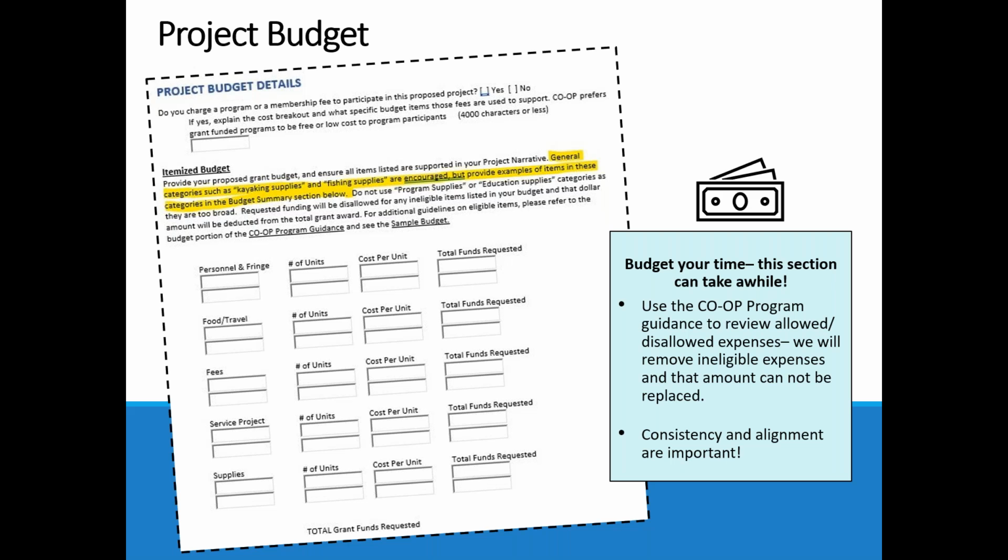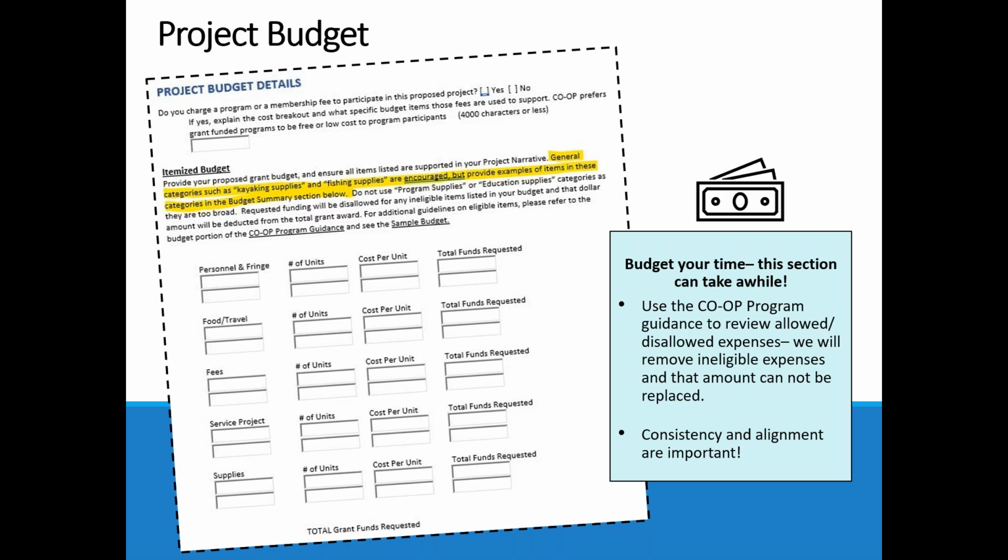Food and travel would also be detailed here. Fees would include things like campsite fees or fees to rent a dining hall at one of our parks or shelter, service projects, and then supplies.